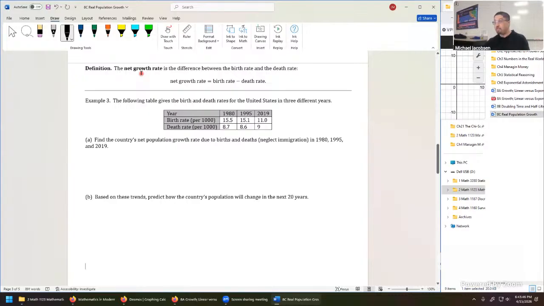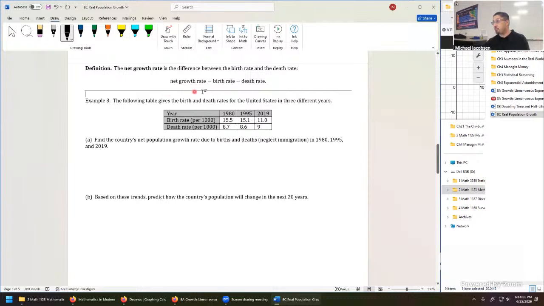The net growth rate is going to be defined as specifically the birth rate minus the death rate. It leaves a lot unaccounted for, but this is a good way to start talking about how the growth rate of a population is defined. Starts off with this kind of information here. But the United States is tricky if we're being really honest about this kind of problem.